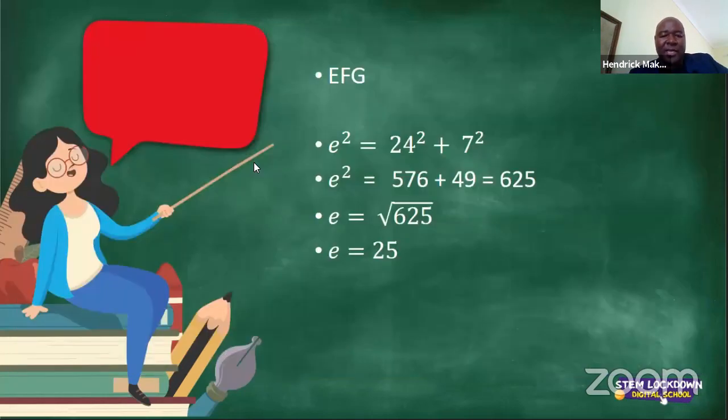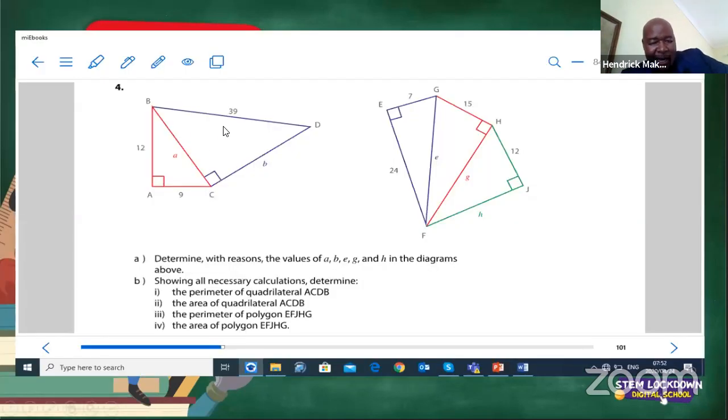And as you can see, since B is 36, then we can now find the whole distance around the edge of this shape, this quad. We call it a quad or a quadrilateral.